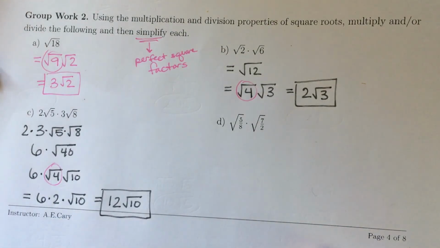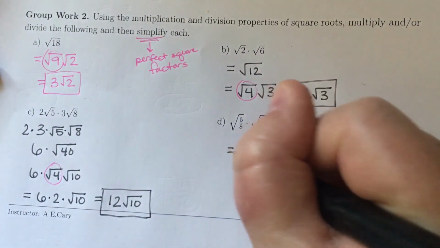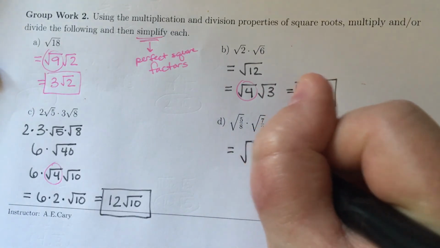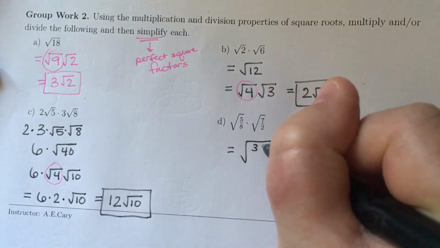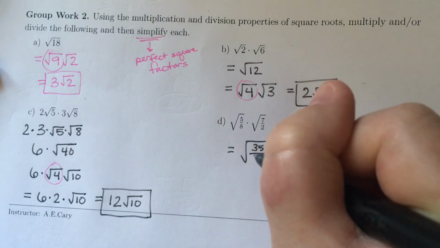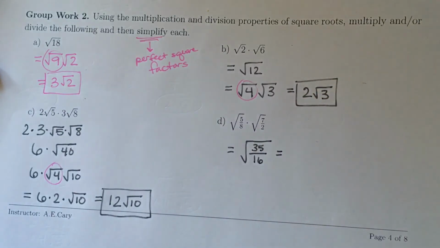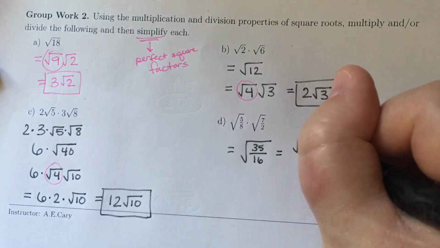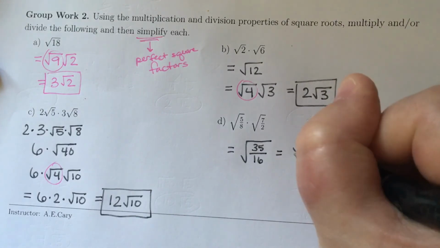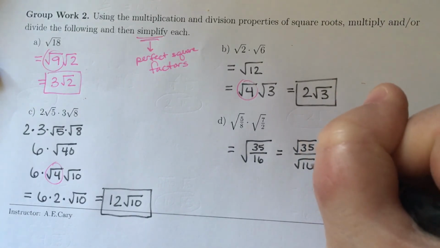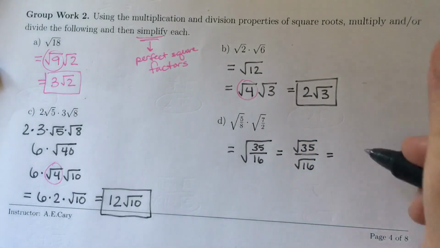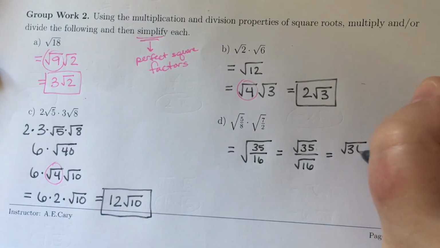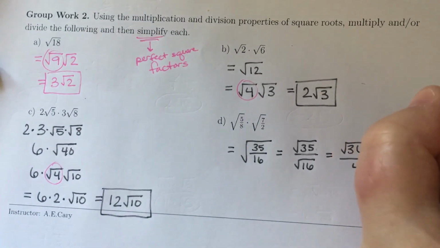Last one, just because it's a fraction doesn't mean it's harder. We're just going to multiply the fractions. So we multiply across the top and get 35, and across the bottom and get 16. And then use the division property to write these as 2 separate square roots. And this is great because the square root of 16 is just 4.